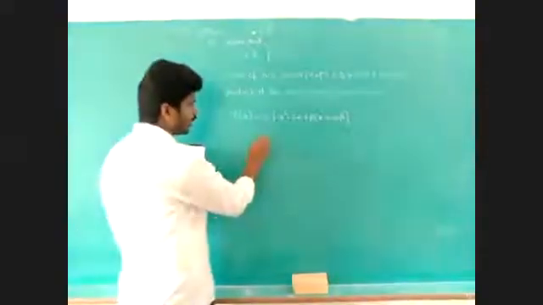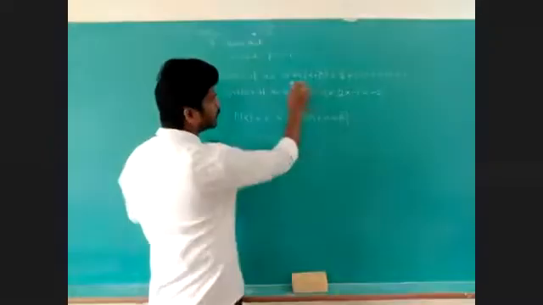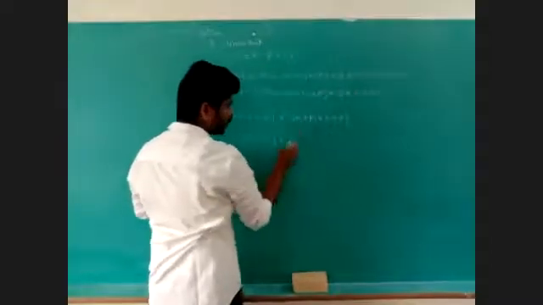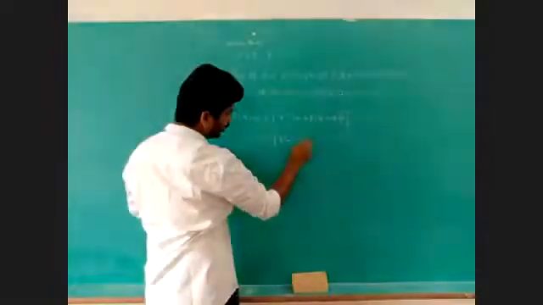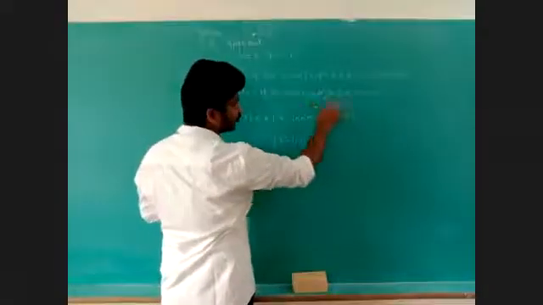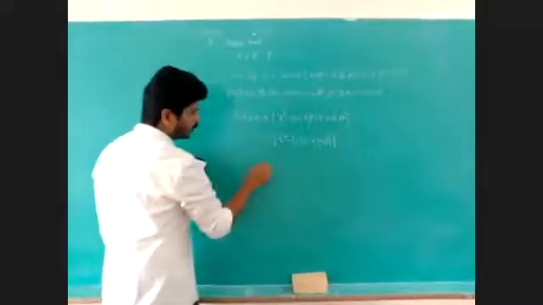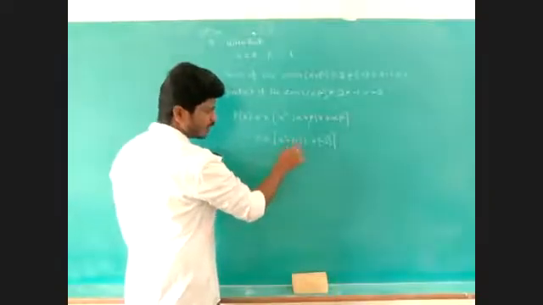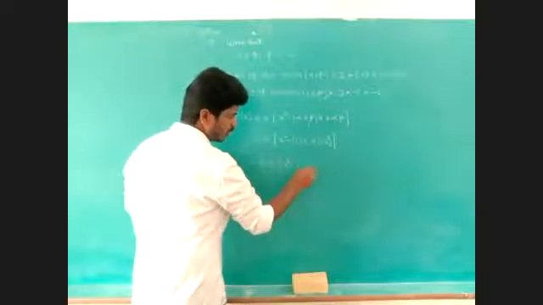So k into x square minus (alpha plus beta) value is 1. In place of alpha plus beta substitute 1, into x plus alpha into beta value is -2. Now k into x square minus 1 into x is nothing but -x, plus into minus -2.